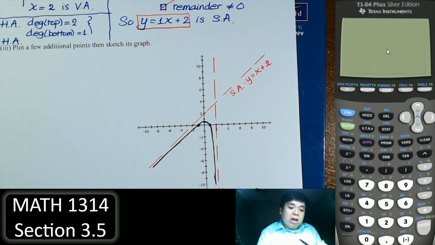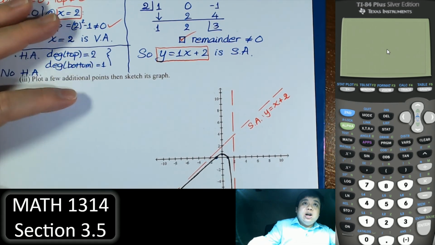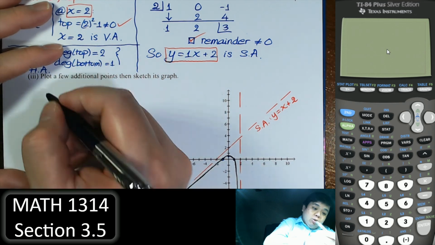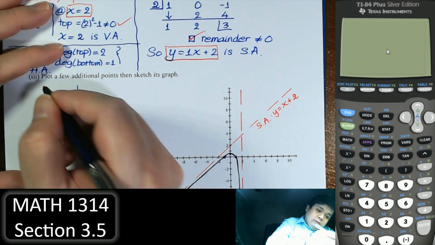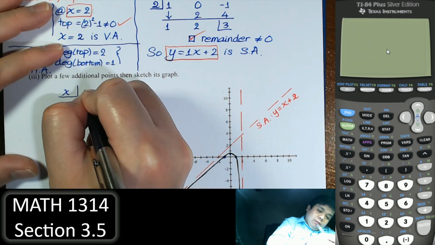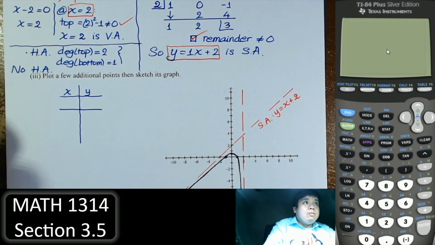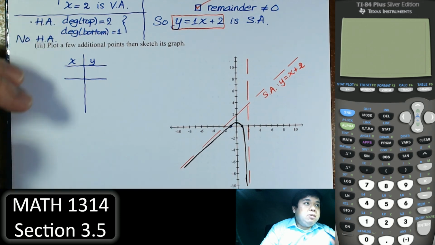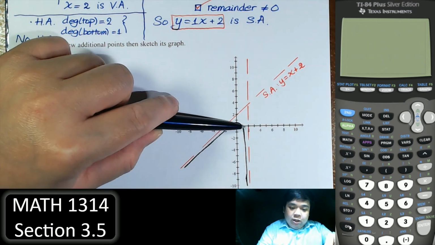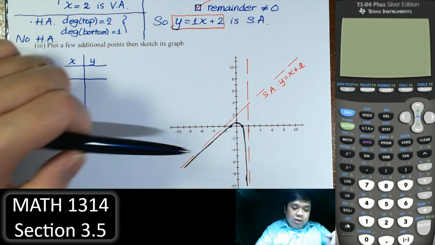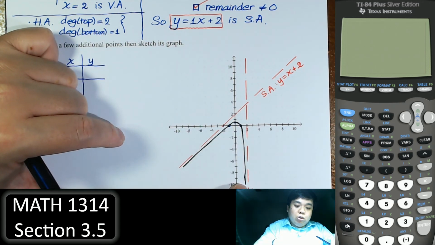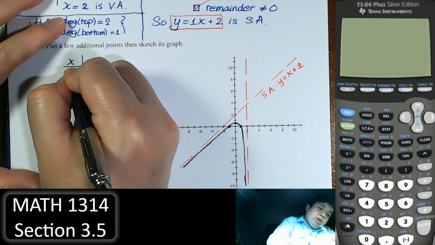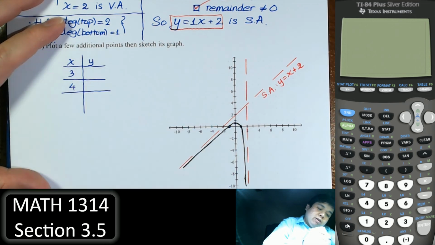Now when x is bigger than 2, what happened? So in that case we might have to plot a few additional points. Right, I'm just going to put 3 in and see what happened. Just plot bigger than, because here we have every value from negative infinity to 2. Now we just need something bigger than 2, like 3 and 4, see what happened.